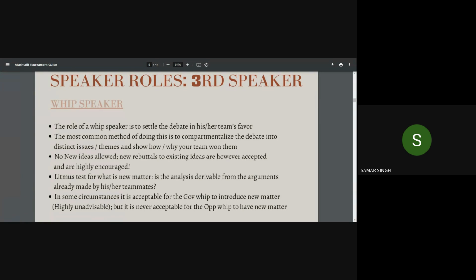Or if you are the opposition, you can talk about the point of clash of environmental benefits, we still were better than the government because we gave these rebuttals, we gave this reasoning, whatever they were. So that is what a comparison looks like. That is what a why-your-team-won looks like, or distinct issues and then comparing them.